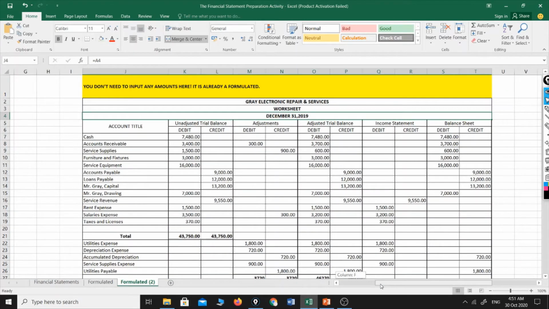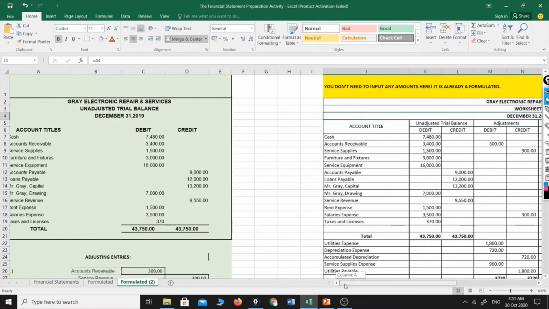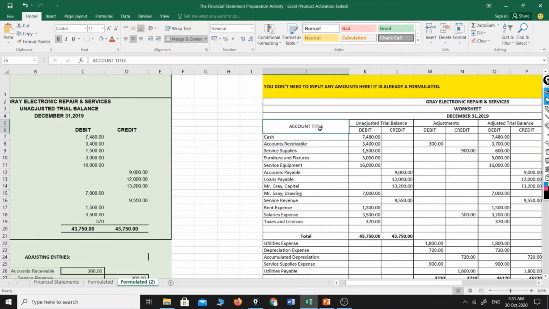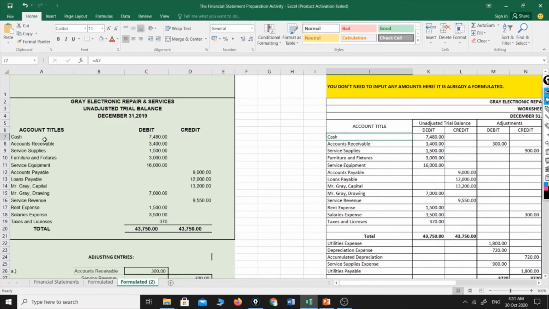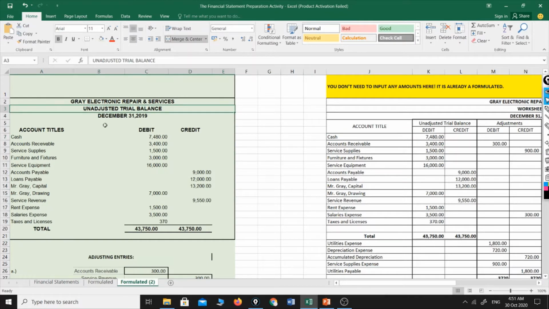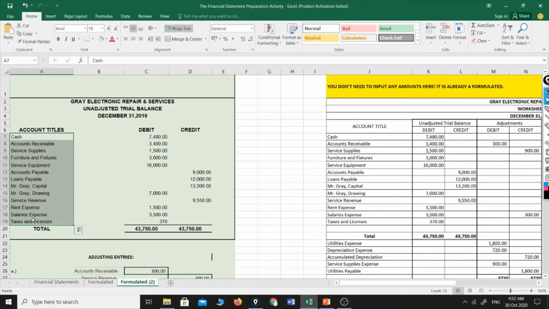So this is a 10-column worksheet. We have the column for the account title, of course. The first thing you should do is copy all the account titles under the unadjusted trial balance. Since you've already prepared this unadjusted trial balance in the previous accounting step, you will just copy all these account titles right here, and then the amounts corresponding to the specific account titles.